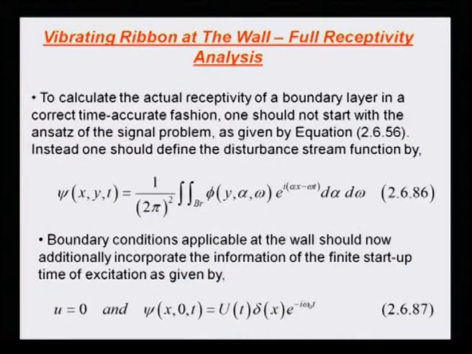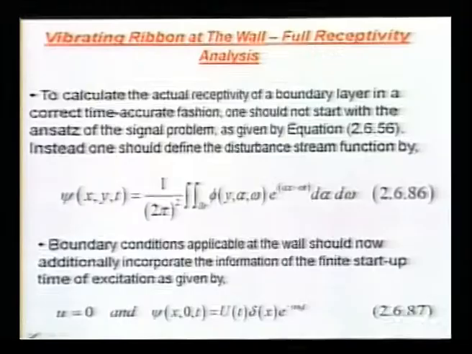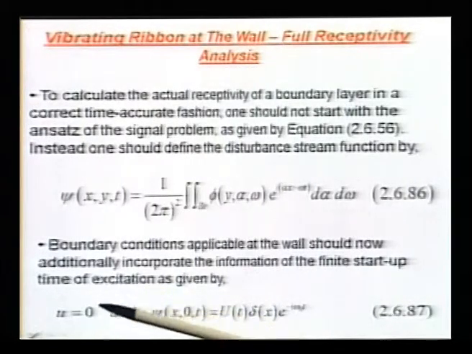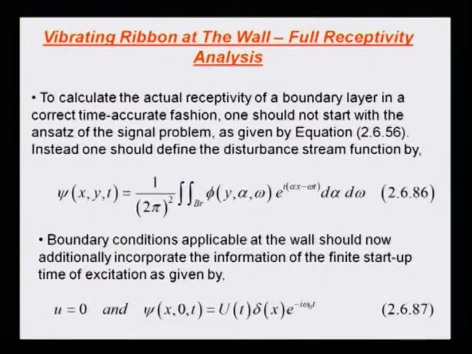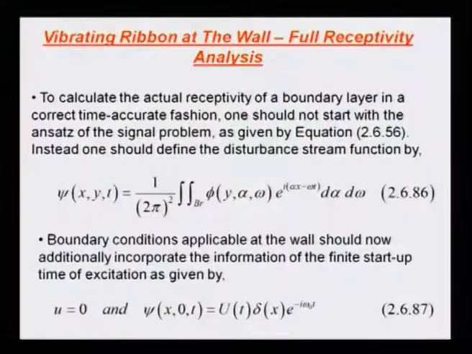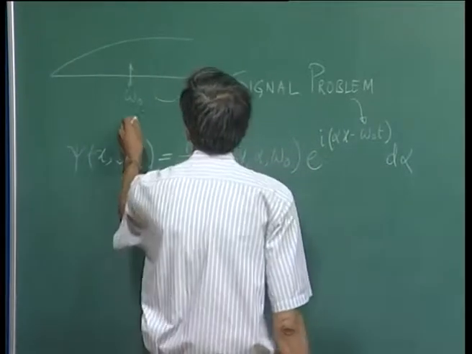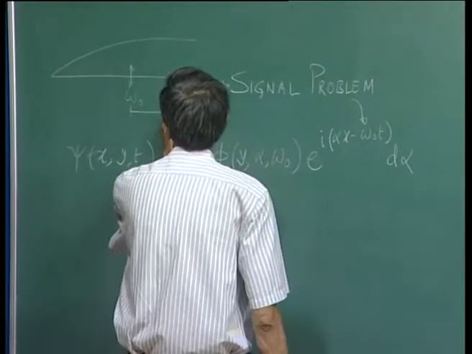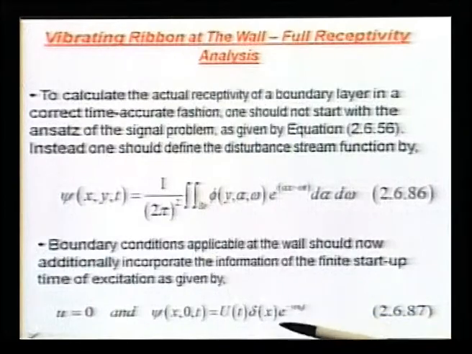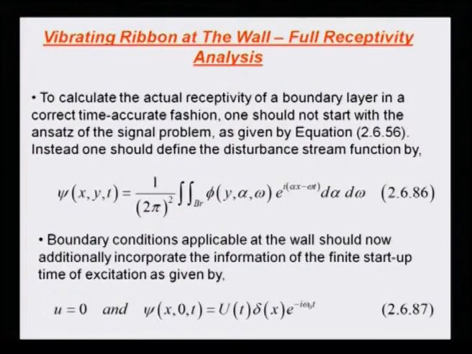That is apparent when you look at the boundary condition. Once again you take the u velocity as 0 and psi is given like this. Again we have a very localized excitation, so we are starting our x axis from the location of the exciter itself. That is why we write delta x. So, the origin is at the exciter.